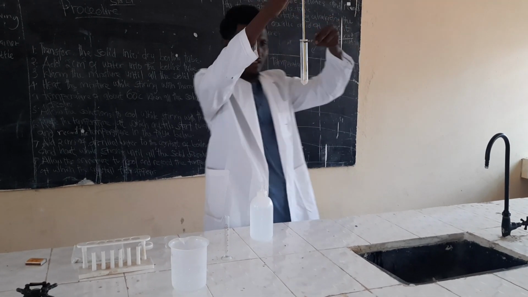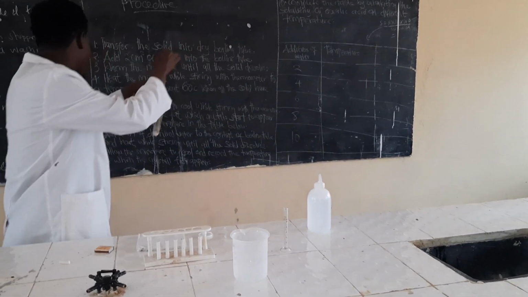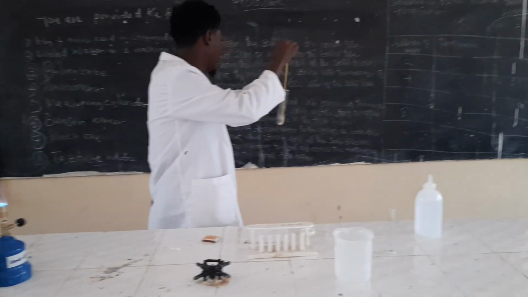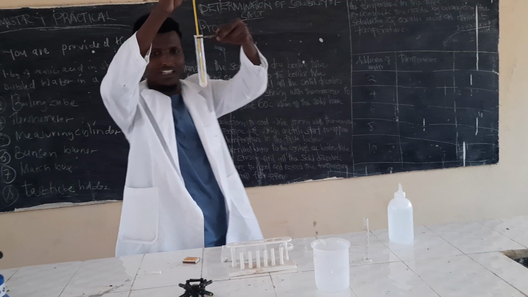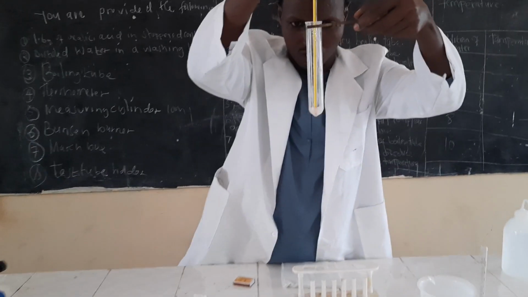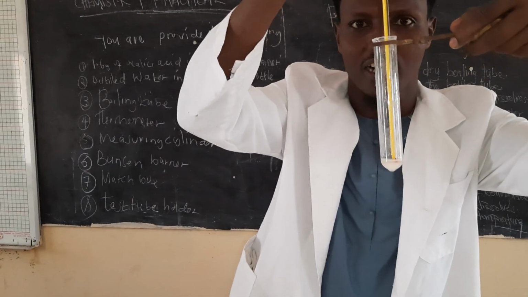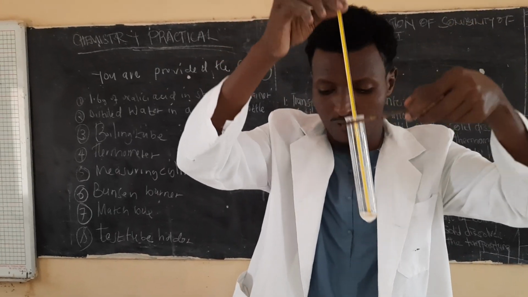Now note the temperature at which the crystals start to appear and record it. Crystals start to appear now. Are you seeing the crystals? Crystals appeared at a temperature of 50.